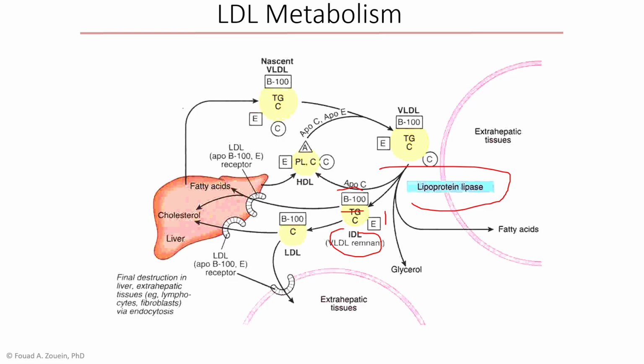Through the ApoE high affinity, it can go into the liver that has the LDL receptor with higher affinity to ApoE, or it could give away the ApoE back to HDL, and we end up with the LDL with ApoB100 that has lower affinity to the LDL receptor, that's either taken up by the liver or it goes into extrahepatic tissue, but also binds to LDL receptor and gets internalized and processed this way.